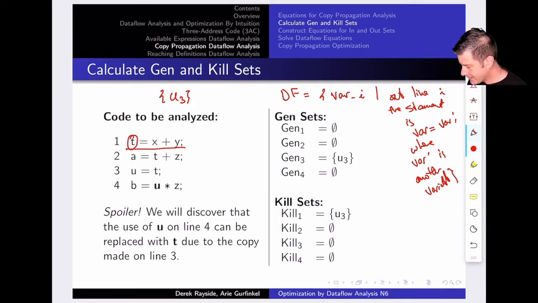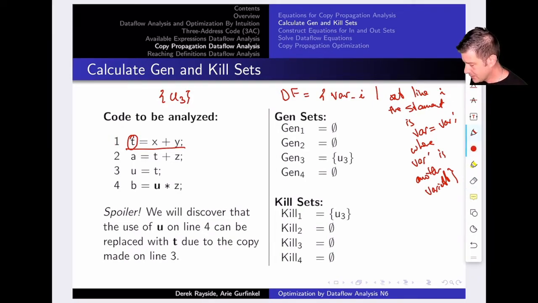If I had some variable, say w, that was equal to t before, after I do the statement, I can no longer say that w is t, because I just changed t and I didn't change w. So what I'm going to kill is all copies which are copies of t.